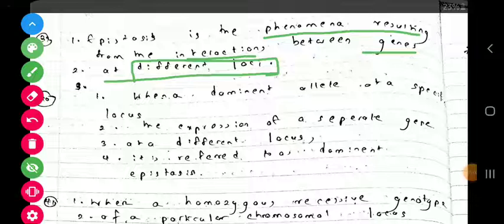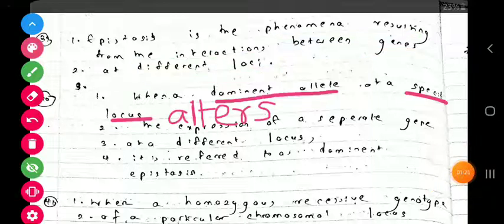When a dominant allele at a known specific locus, right, the word "alters" is missing here. We have to include it, that's a very compulsory word.